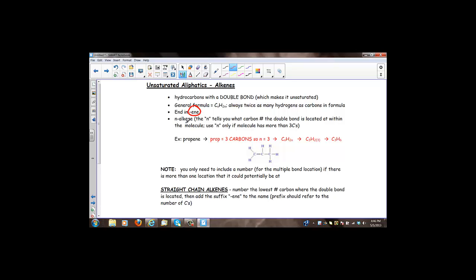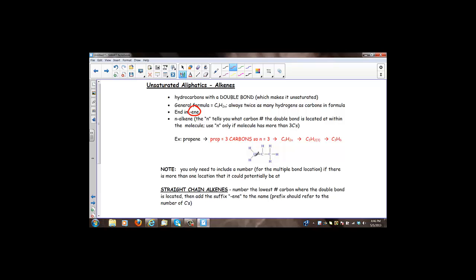A normal alkene, N-alkene, the N tells you what carbon number the double bond is located at within the molecule. We only use N if the molecule has more than 3 carbons. So, prop is 3 carbons, so n equals 3. CnH2n, so my H's is 6.